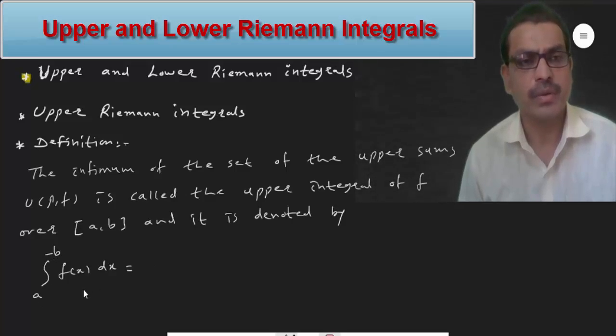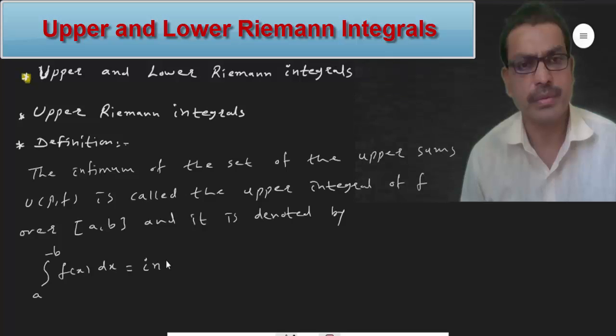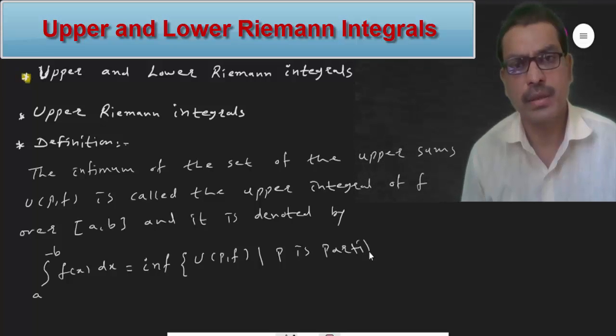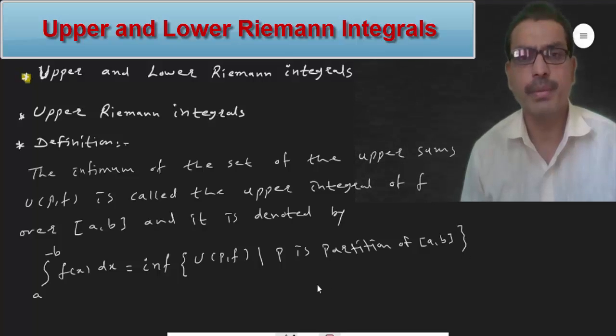Therefore here we write the integral of f(x) dx is equal to the infimum of the set of the upper sums U(P, f), such that P is a partition of the closed interval [a, b].